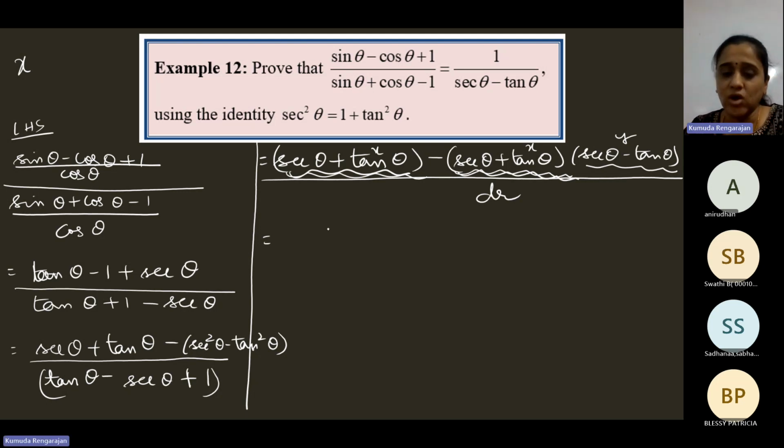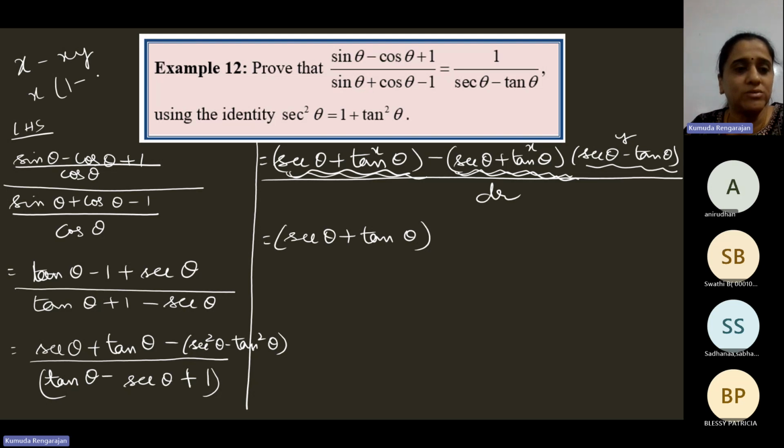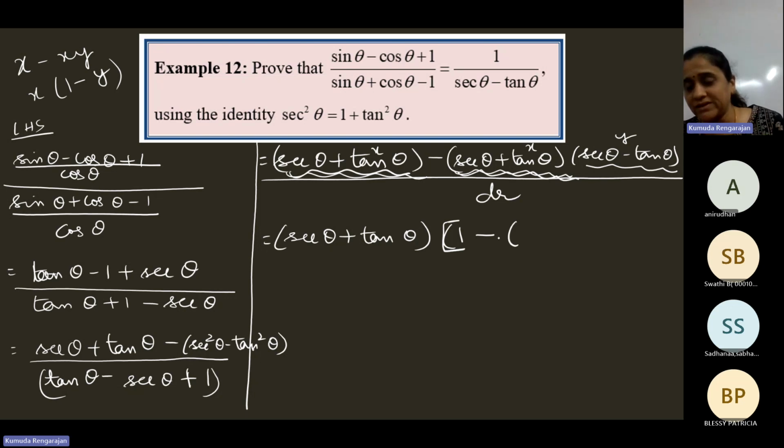So what's common? X is common, meaning secant theta plus tan theta is common. So when you take out x common in x minus xy, in the bracket you must write 1 minus y. What is y? Secant theta minus tan theta. But take care, you'll have to use the bracket because y itself is an expression.